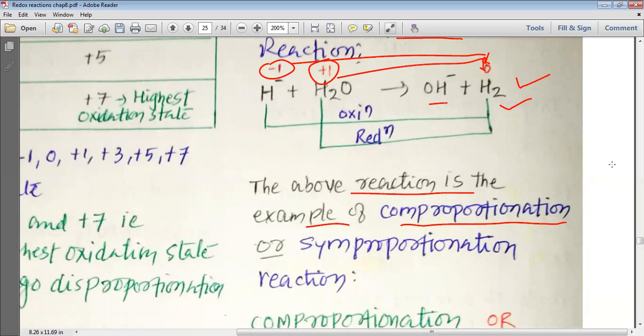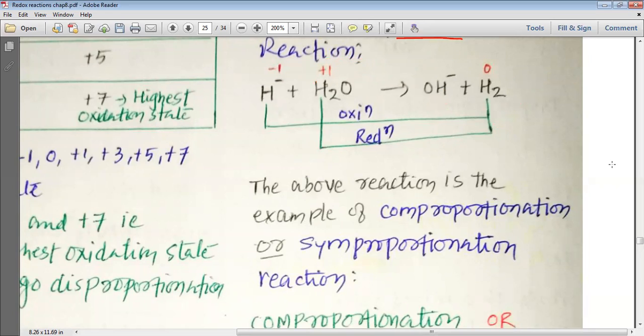comproportionation reactions. In these kinds of reactions, a single element undergoes both oxidation and reduction and gives a single oxidation state. Such reactions are exactly opposite to the disproportionation reactions, and they are known as comproportionation reactions or symproportionation reactions.